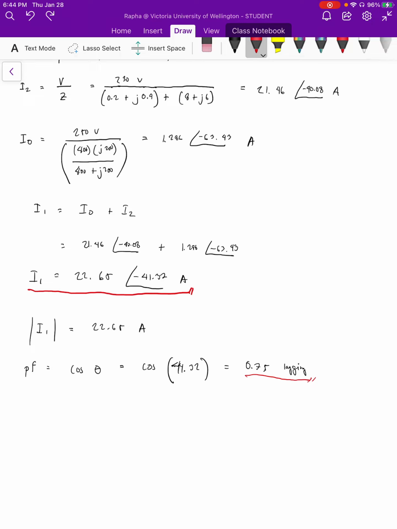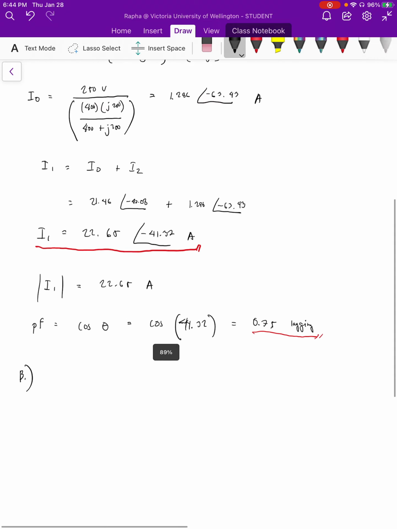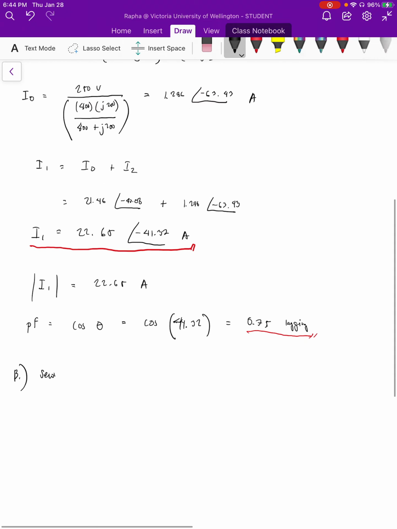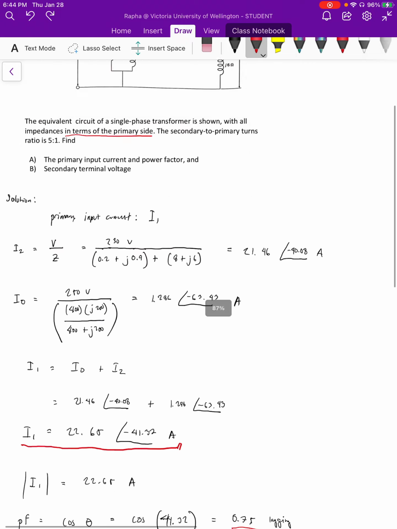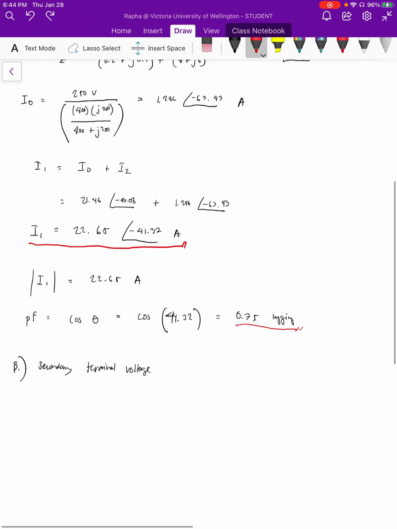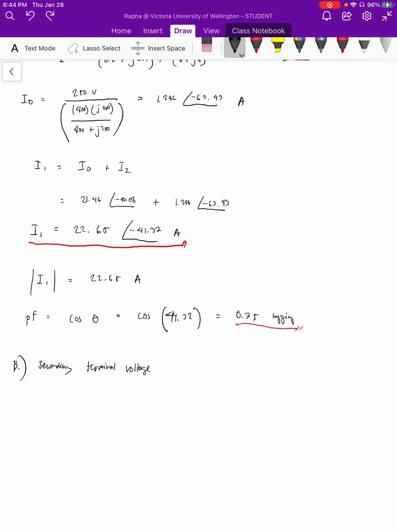Then the next thing that we will solve, letter B, is the secondary terminal voltage. The secondary terminal voltage is called V2.